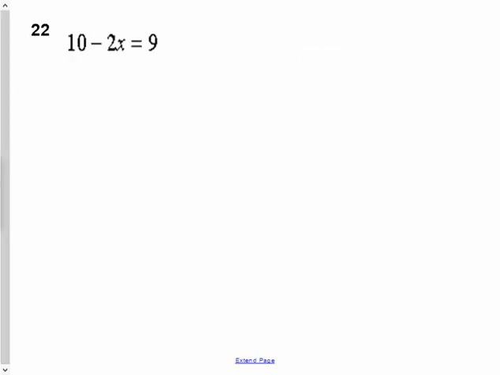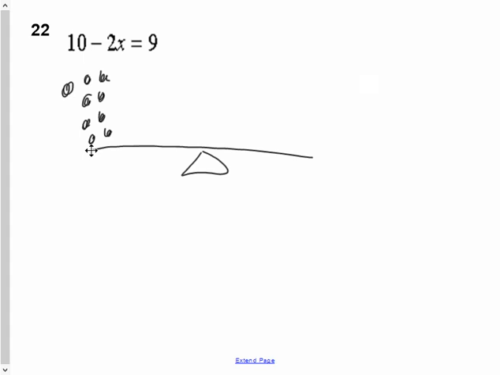Question 22 says 10 minus 2x. So, the constant of 10, by the way, I'm going to wow you with my brilliance here. There's 9, and there's 10. I guess I'm not going to really wow you. Minus 2x is equal to 9.